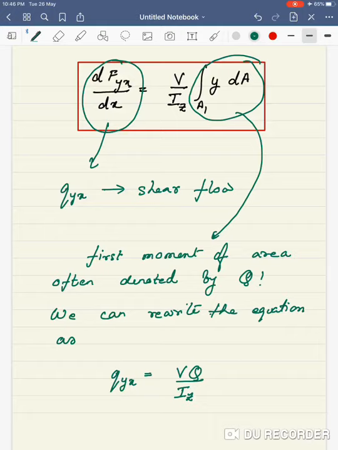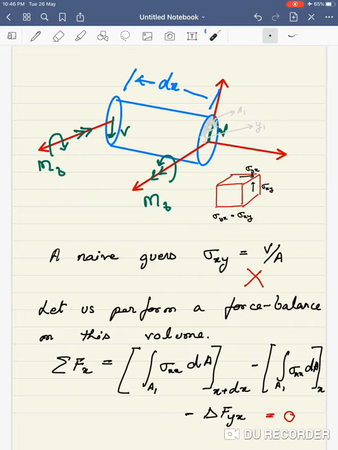This equation is reminiscent of the previous equations. Okay, now I had told you that this is force by distance. If I can make it force by another distance, I will get the shear stress. So what would be the right quantity here for that?